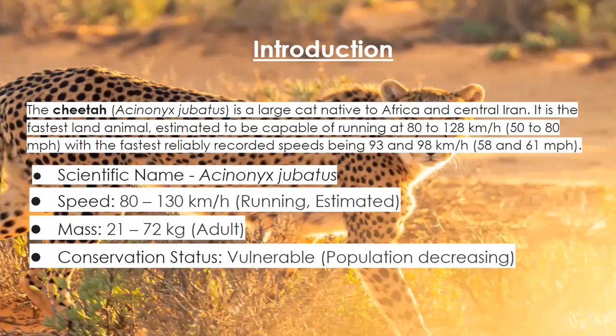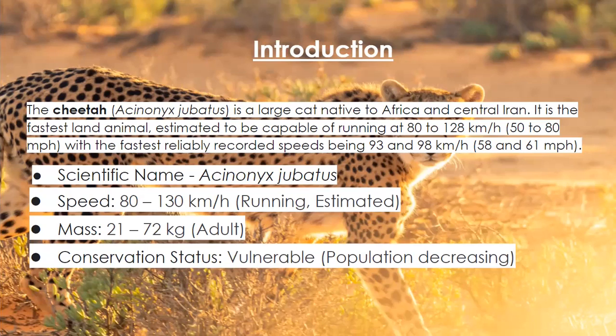The cheetah is a large cat native to Africa and central Iran. Most of you will probably know this, but it is the fastest land animal and can run usually up to 80 to 128 kilometers per hour. Some can even run from 93 to 98 kilometers per hour.